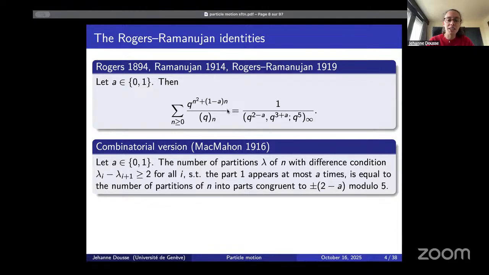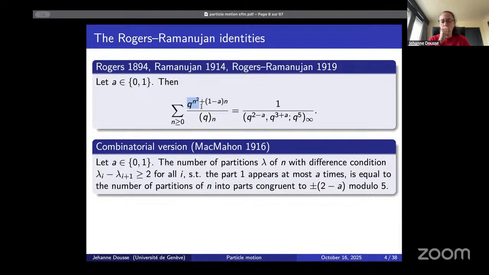And on the left, you have a generating function for partitions with difference at least 2, which comes from the q^(n squared) here, which you can write as 1 plus 3 plus 5, etc. So a staircase of odd numbers, sorry.